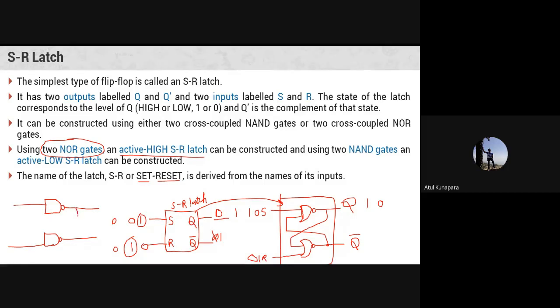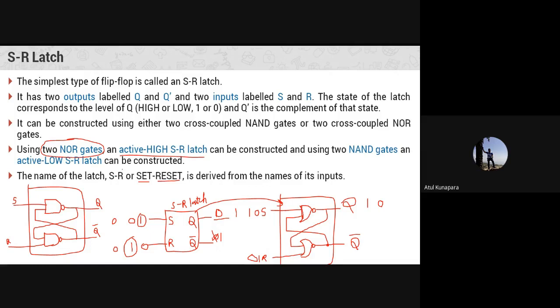The second input of the NAND gate will be taken from this cross coupling like this. Okay, so here is your input S and R, and here is your output Q and Q bar. So this is another way of implementing your SR latch.